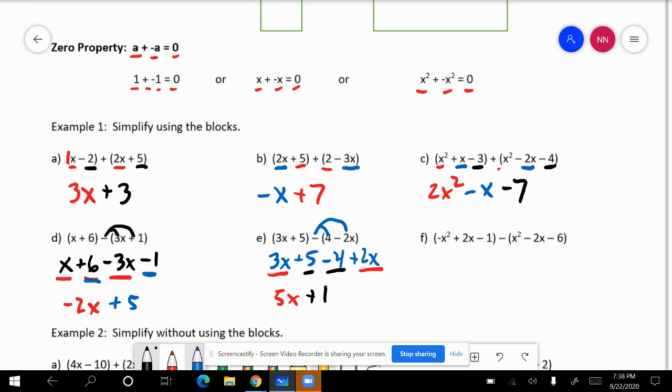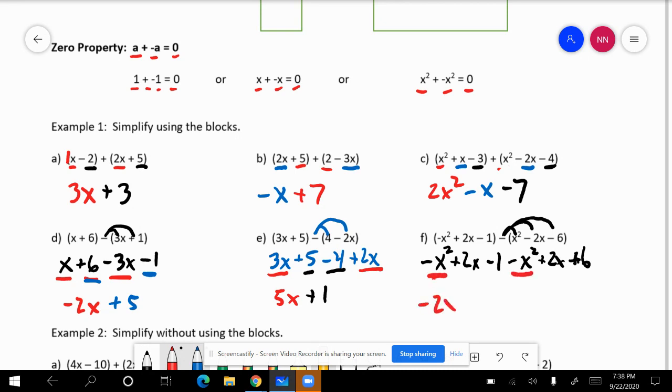With letter F, we have the negative, which we're going to distribute to each of the terms. That gives us negative x squared plus 2x minus 1 minus x squared plus 2x plus 6. So when we combine like terms, we have the negative x squared and the negative x squared.